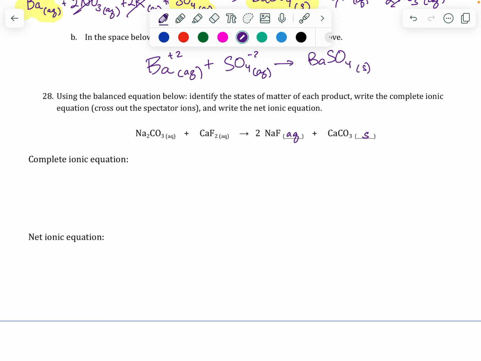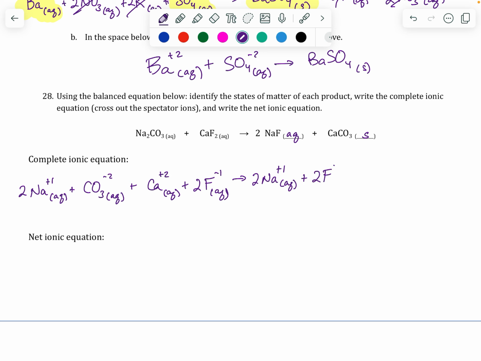And so anywhere it's aqueous, we have to make sure that we dissociate. So there are 2 sodium ions that'll come apart because they were attracted to 1 carbonate ion. And then there's 1 calcium ion that had 2 fluorine ions, or fluoride ions to be a little bit more specific, attached to it. And then, of course, we have the 2 sodium ions up here on this side with the 2 fluoride ions.